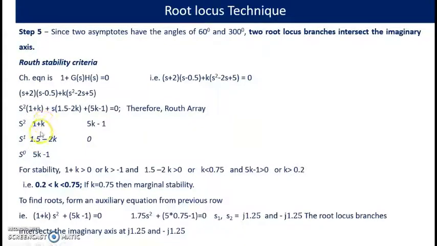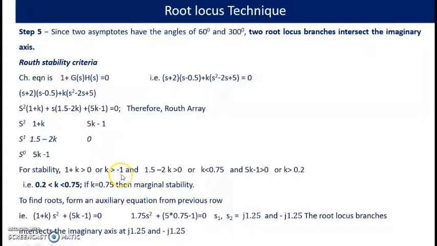For that, the condition is 1 plus K must be greater than 0, or K must be greater than minus 1. Then 1.5 minus 2K should be greater than 0. From this, K should be less than 0.75. Then 5K minus 1, from this K greater than 0.2. So the range is 0.2 less than K less than 0.75.